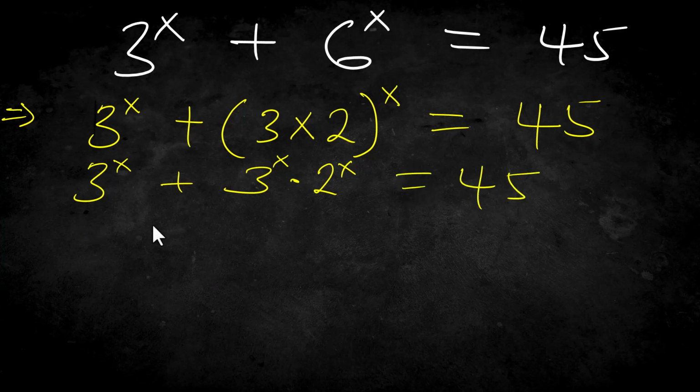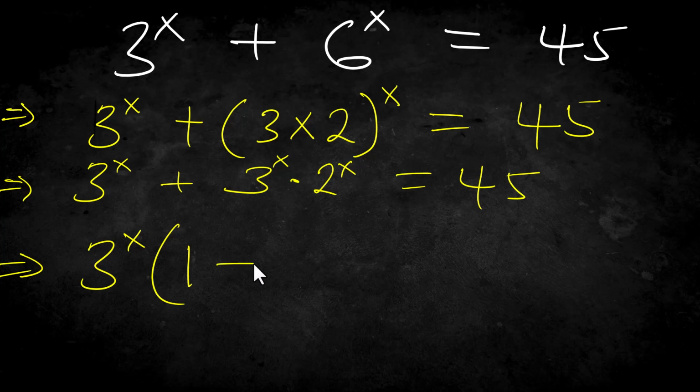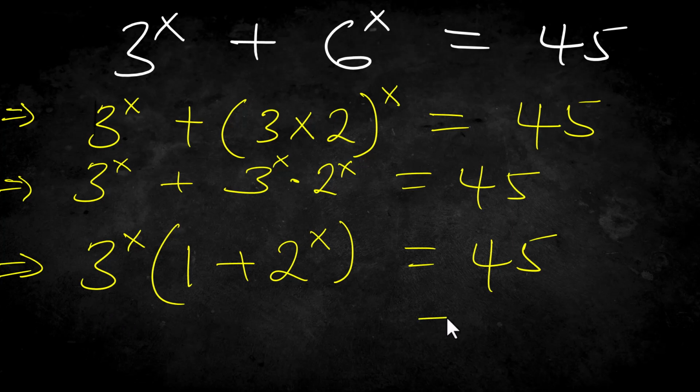Now from here we can take 3 raised to the power x out. So 3 raised to the power x out, I've left 1 here, plus 2 to the power x equals 45. Now we have a product here, so let's change this.